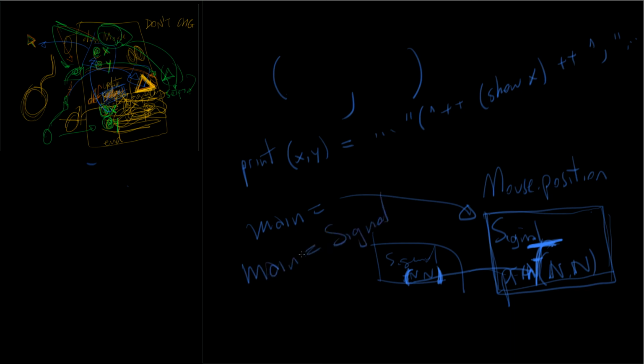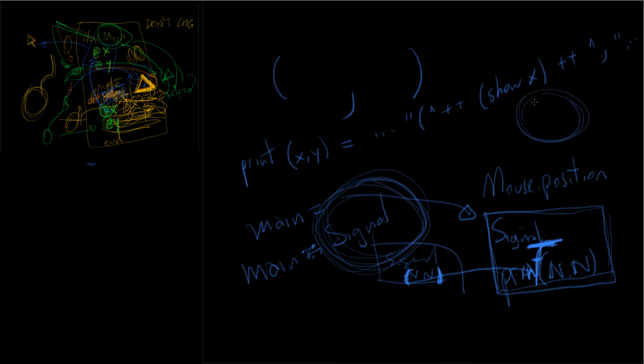It is of type signal, right? What does it mean to be a type? We're going to talk more about that later. But what it means is that this is what we just modeled. This is the concept that we came up with. And what is the concept of signal?